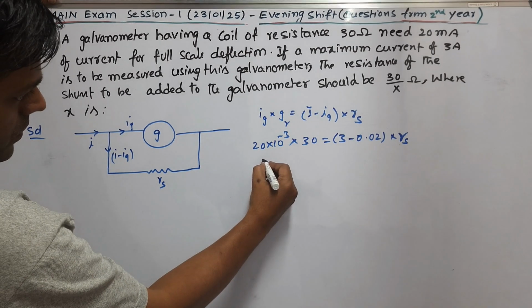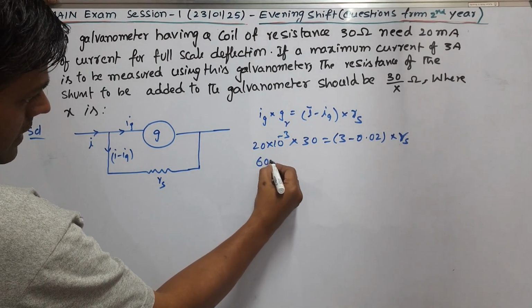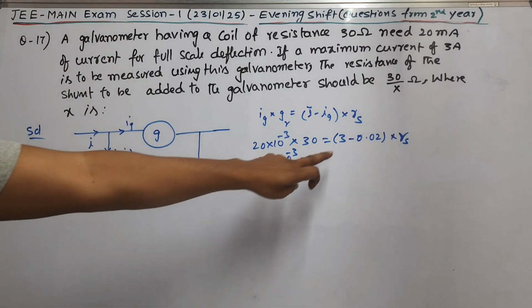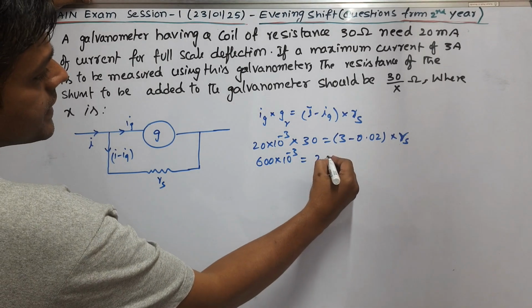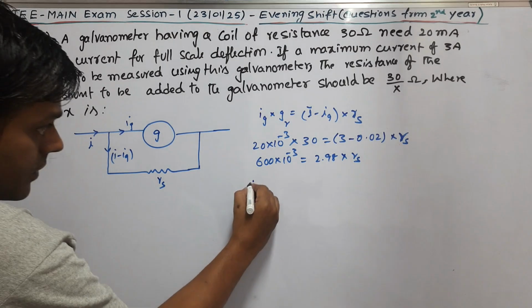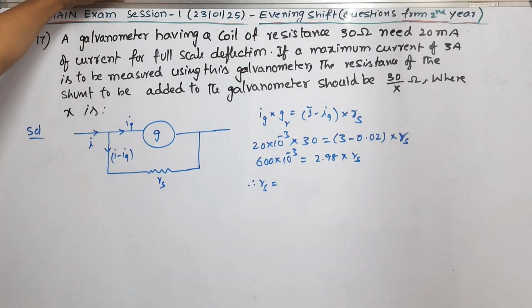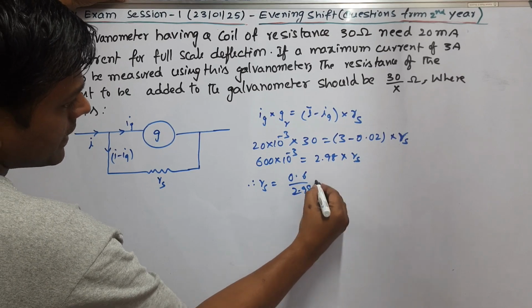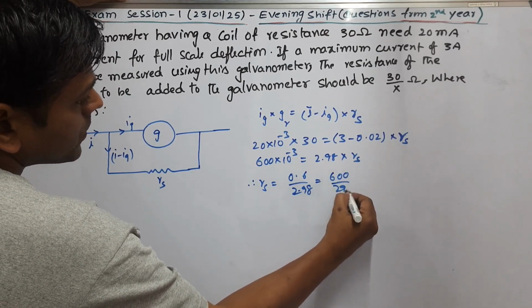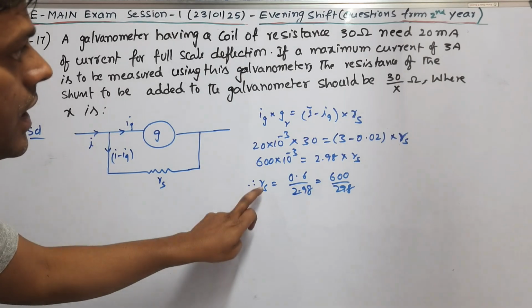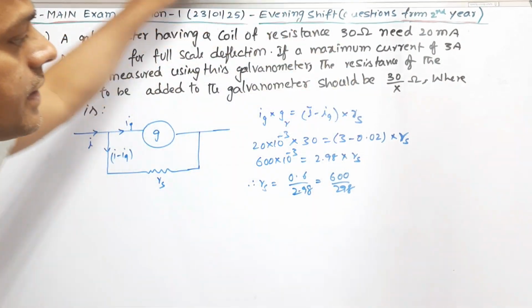So, 600 into 10 power minus 3 is equal to 2.98 into Rs. Therefore, Rs is equal to 0.6 by 2.98, which implies 600 by 298. Rs is given as 30 by x.